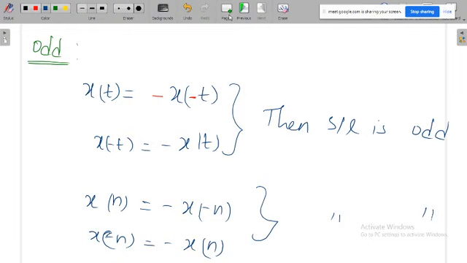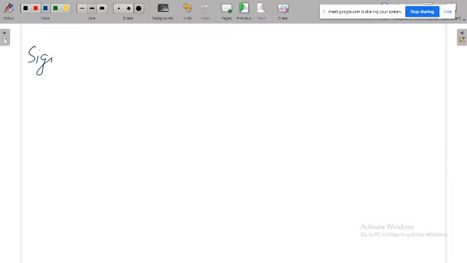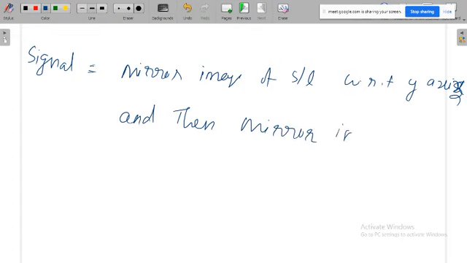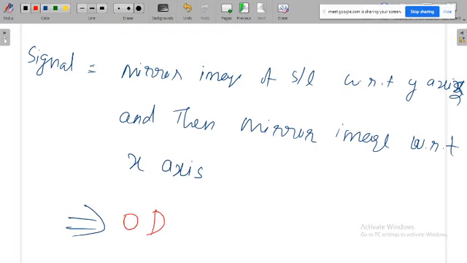So finally, if the signal is odd, from the original signal you first apply time reversal, the mirror image of the signal with respect to the y-axis, and then the mirror image with respect to the x-axis. If you first apply the mirror image with respect to the y-axis, later with respect to the x-axis, and you get the original signal, then that signal we call an odd signal.